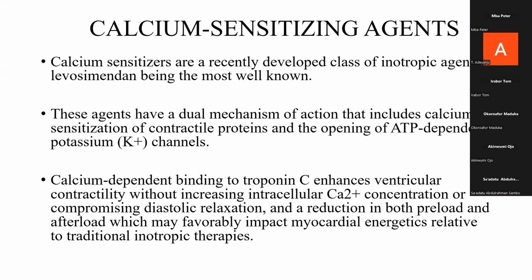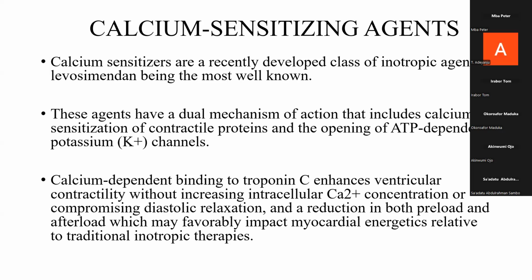So the next group are calcium sensitizing agents. They are one of the recently developed inotropic agents, and I think levosimendan tends to be the most well-known drug. It has two mechanisms of action. One, it increases sensitivity of contractile proteins to the surrounding calcium.